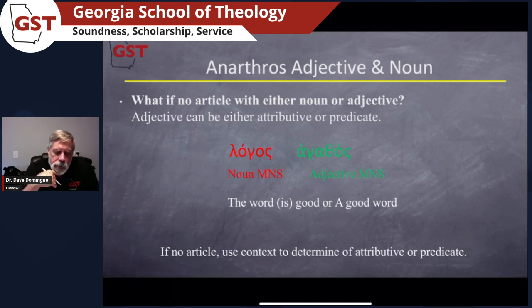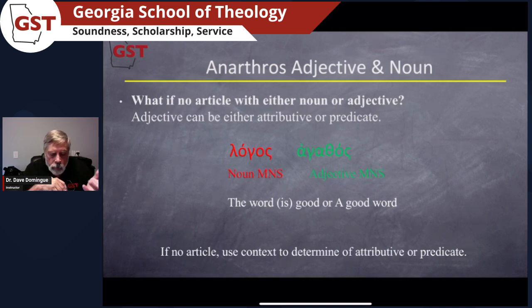So when the adjective and the noun are both anarthrous, there is no article at all. It leaves you sort of this ambiguity. How is it functioning here? And it can be sometimes difficult. Is this functioning attributively, substantively, or is it functioning predicately? It can generally be either attributive or predicate. And so it could be the word is good, here logos agathos.